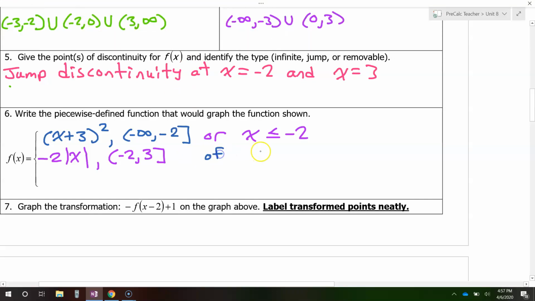Or I could have said -2 is less than x, which is less than or equal to 3. If I wanted to use inequalities, this is the inequality way of saying this same thing. Okay, the interval notation says that we're dealing with x values between -2 and 3.